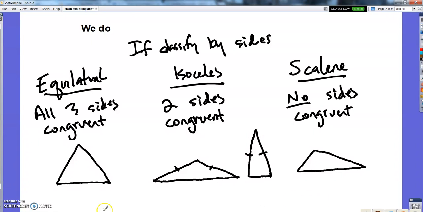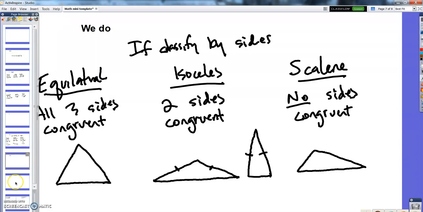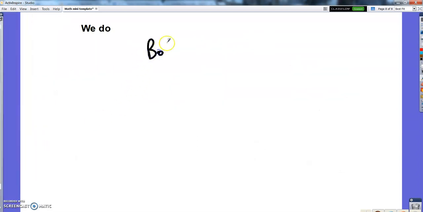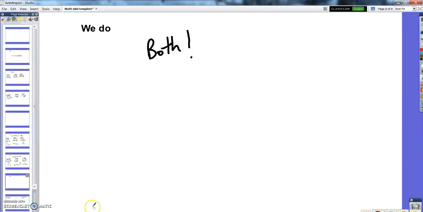All right. And so last but not least, what's really important is to be able to do both. So I'm going to show you some examples. And we usually classify triangles by both. We'll say, well, this is right and it's isosceles, or this is right and it's also scalene, or something like that. So let's go back to some of my drawings for your examples here. Draw these with me.